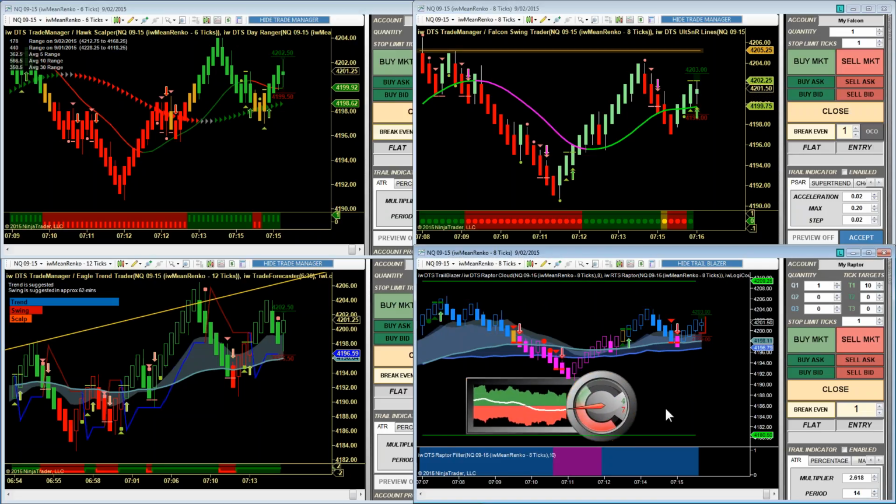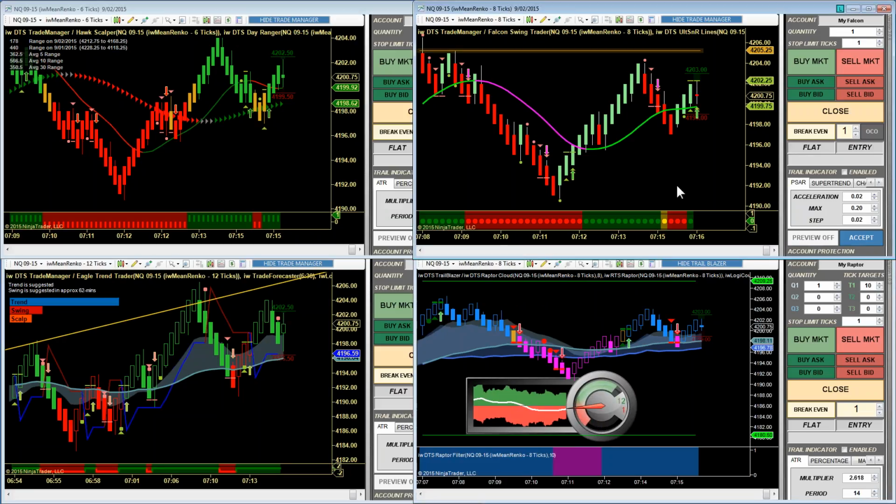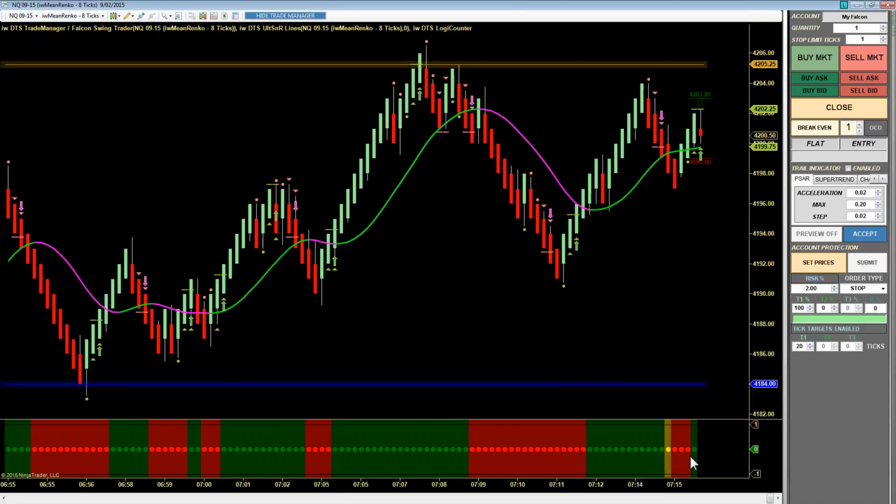I'm not quite sure what the NASDAQ is waiting on. We're getting a mixed bag of signals here also. Possible late filter entry signal here with the NQ on the Falcon.